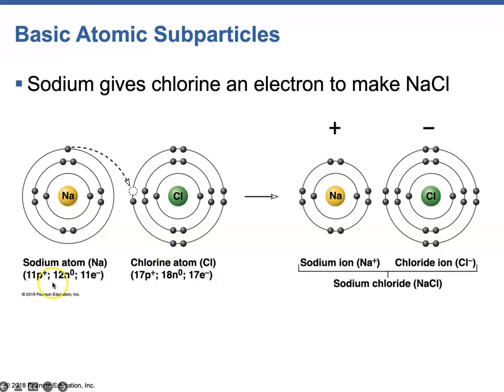So this is an example of what it would look like. What you see here are the electrons spinning around the shell. Sodium, when you look at its outer shell, only has one of these little electrons. Over here, chlorine has 7. 1, 2, 3, 4, 5, 6, 7.